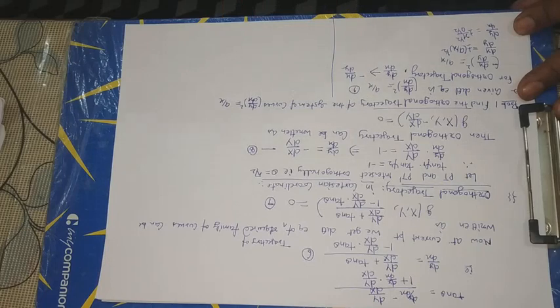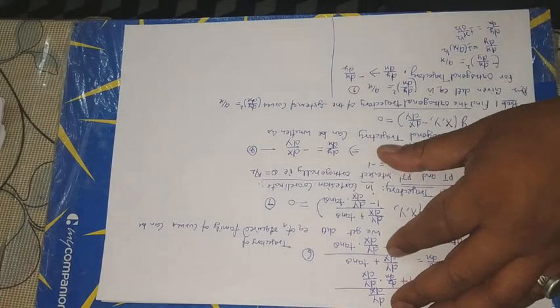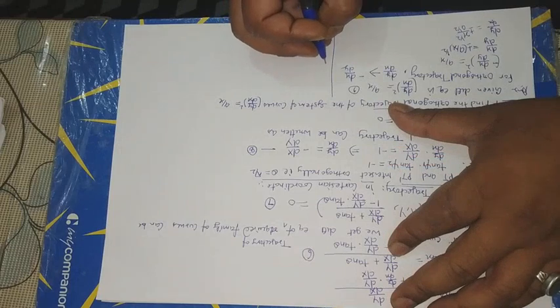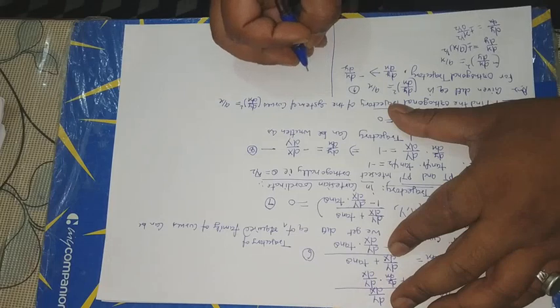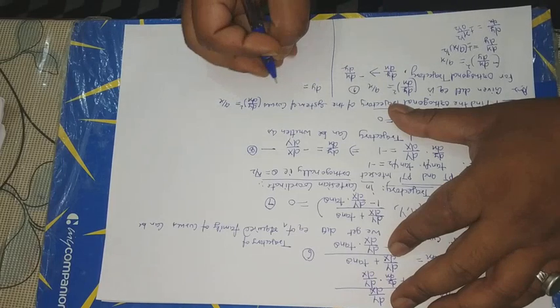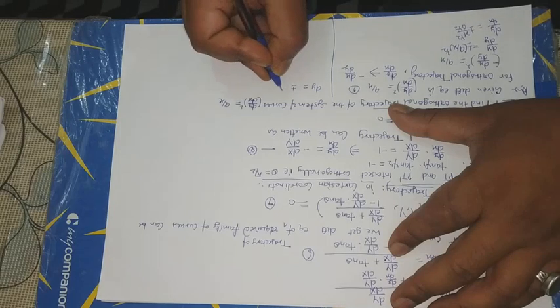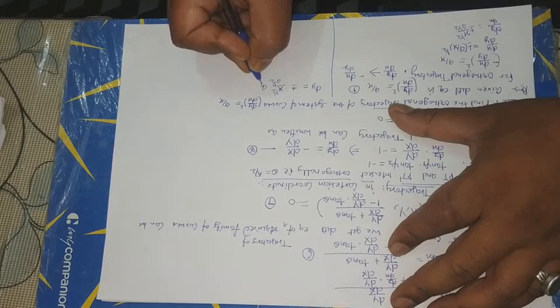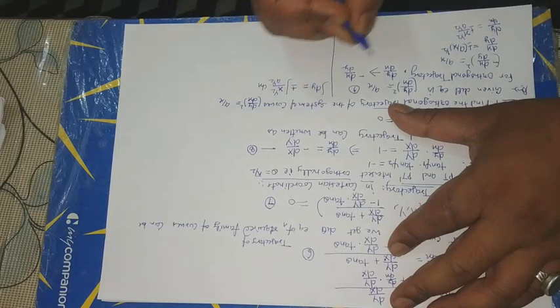Okay, now by variable separable, dy is equal to plus minus x to the power half upon a to the power half dx, and integrate.